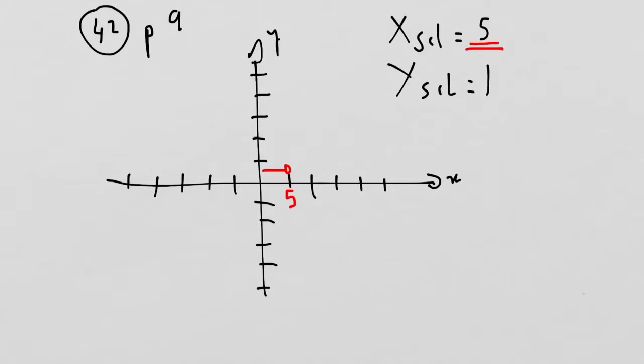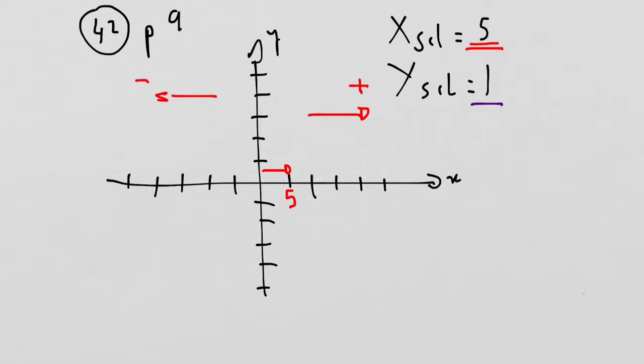Make sense? So knowing that when I'm going in that direction, I'm going to the positive x, and if I'm going in that direction, I'm going to the negative x. For the y, every time I move 1 unit, I move 1.